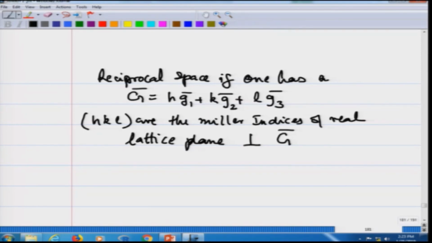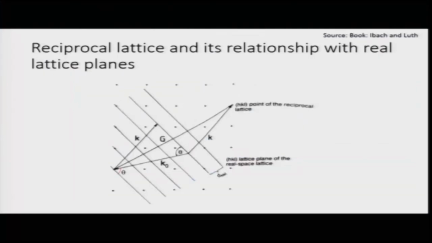Let me again show you a slide which makes this slightly clearer. These are my points in the reciprocal space. This is all in the reciprocal space.